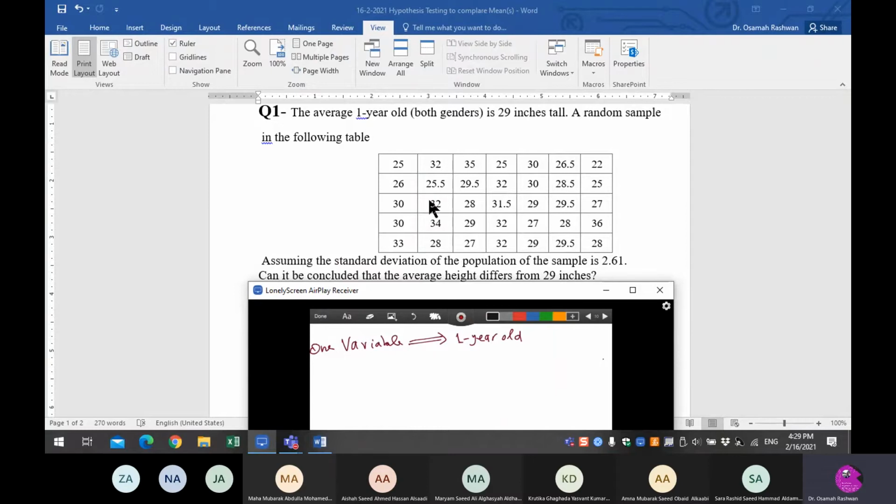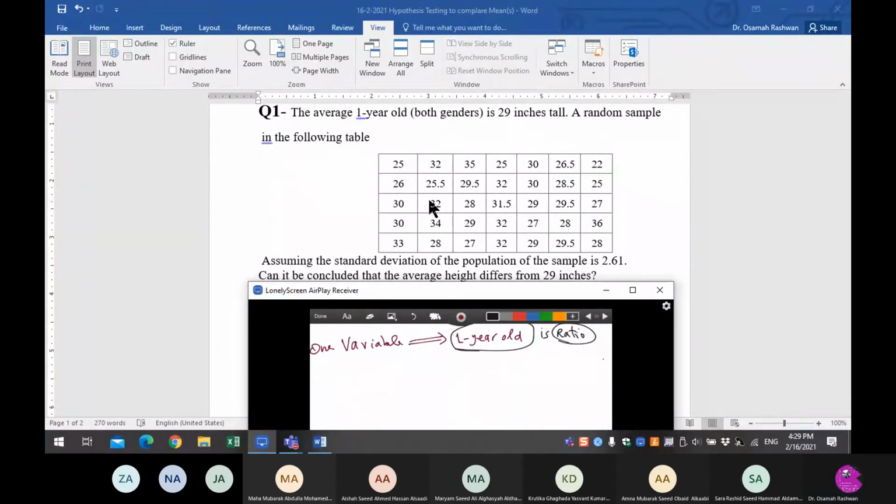This is quantitative first, right? So once I have quantitative, I have ratio or interval. The age is interval or ratio? Ratio. Yes, it is ratio. This is very important.